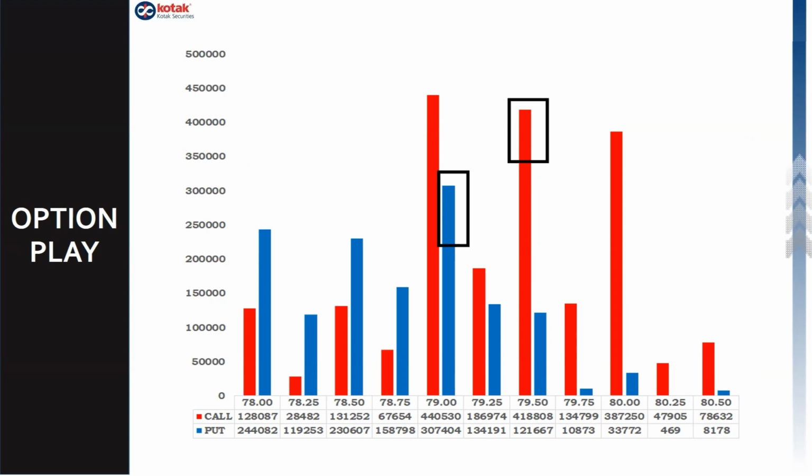Currently, the July 15th, at the time of recording, is 79.34, which means they are expecting this to remain between 79 and 79.5. This also means that if the futures drift towards 79, if there is a pullback, it is an opportunity to buy with a small stop loss below 78.85, because there is huge support around 79 marked by the large open interest in the 79 strike put, and this open interest is increasing as we speak.